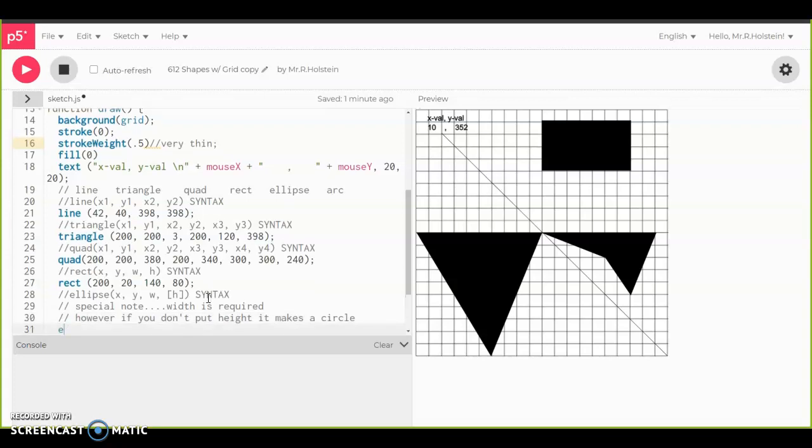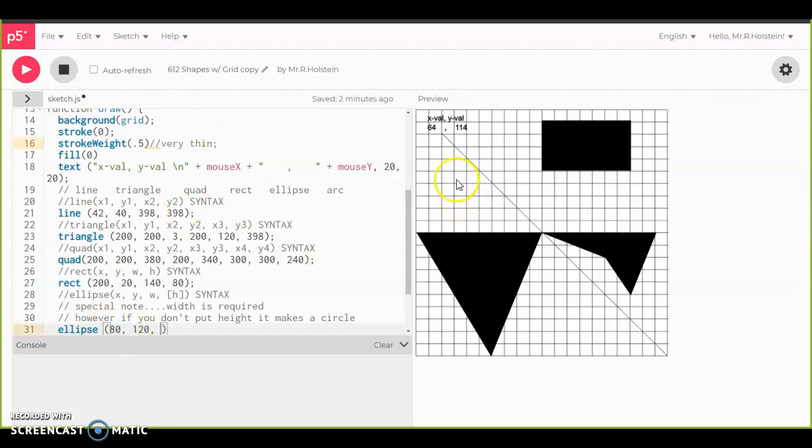So check this out. I'm going to go ellipse, and I need an XY, and I'll start with just width for now, and then I'll add the height as well. So let's put it on this point here where I am. So I'm at 80, 120. That's going to be the center of my circle.